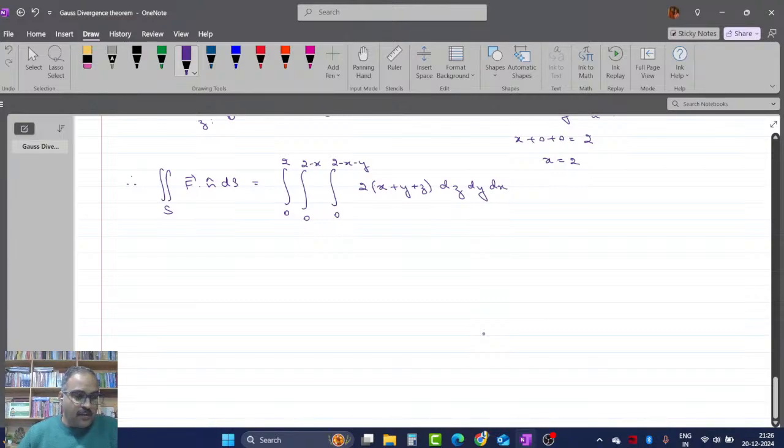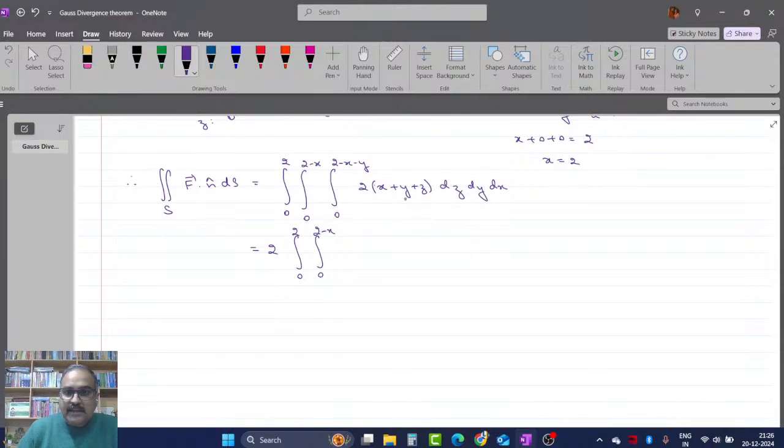Now, coming to the next part, 2 is constant, so I will take it common. 0 to 2, 0 to 2 minus x. Now I need to take integration with respect to z. So it will be xz plus yz plus z square by 2, within the limits 0 to 2 minus x minus y, dy and dx.